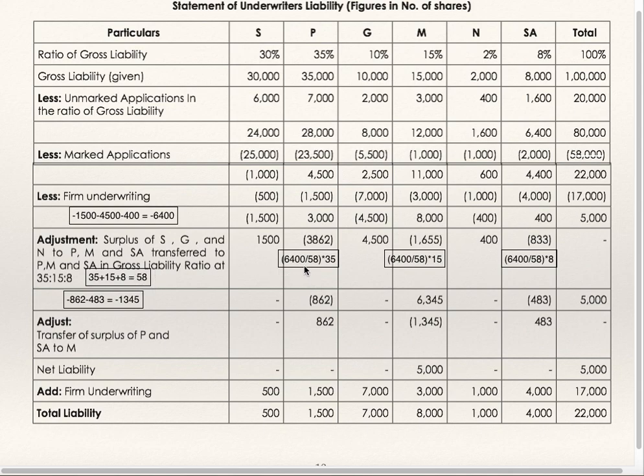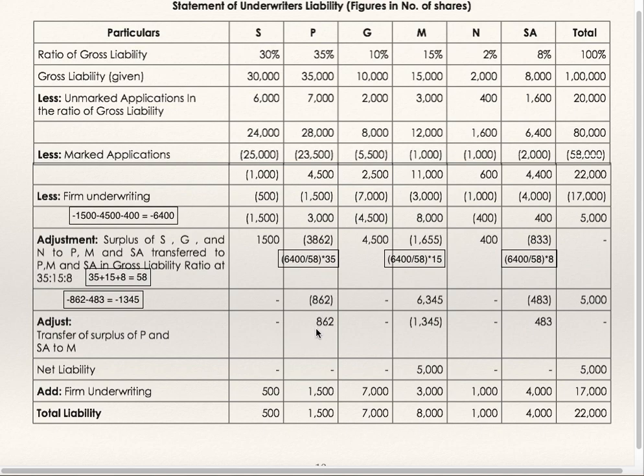So 6400 divided by 58 into 35. 6400 divided by 58 into 15. 6400 divided by 58 into 8. Distribute this. This has become again minus 862. This has become minus 483. Make it positive. Minus and plus will become 0.